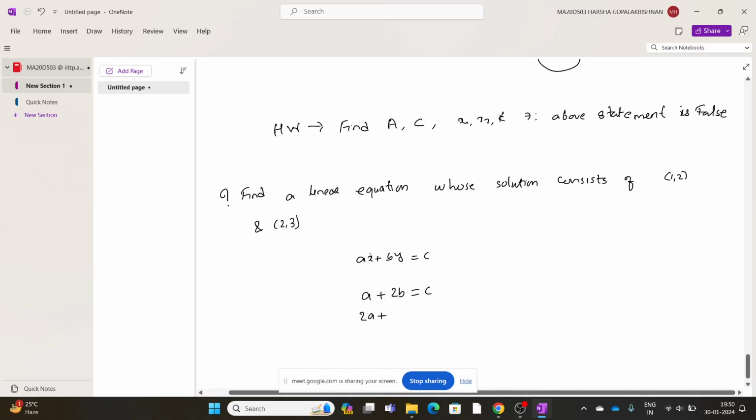See, x and y are variables, a, b are constants. Now what we want to find is these constants. Clear?